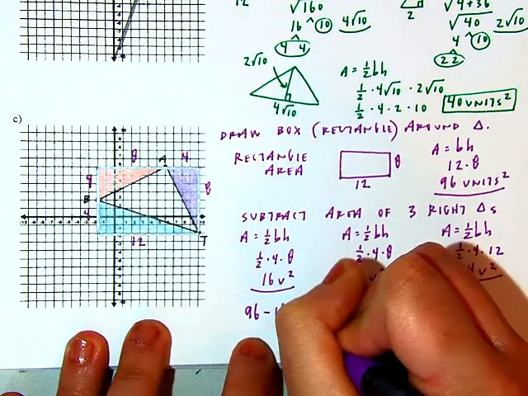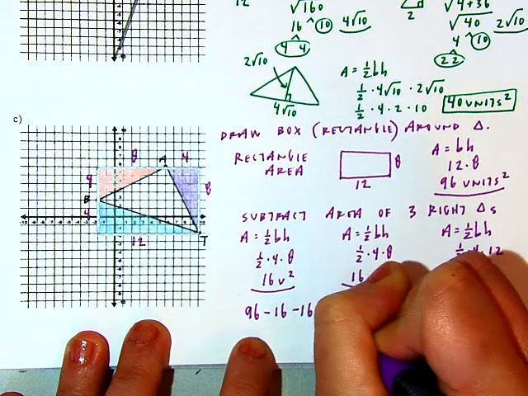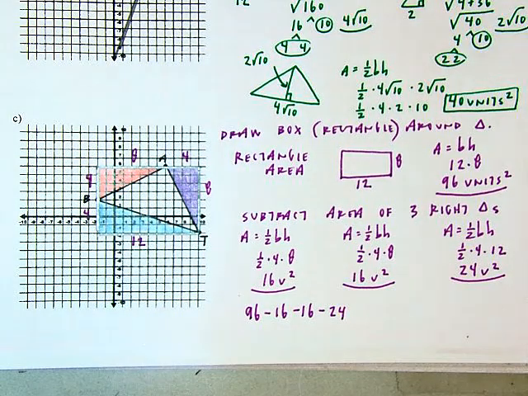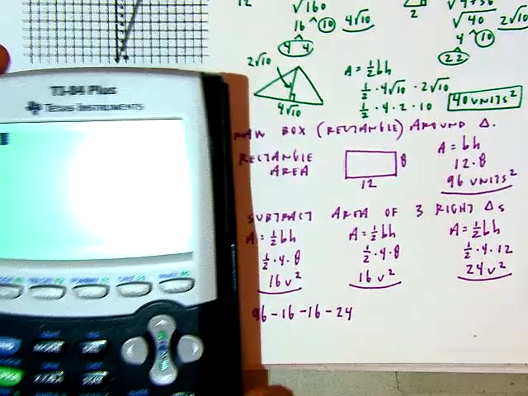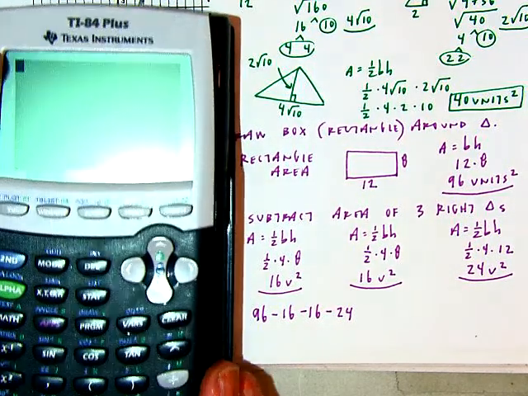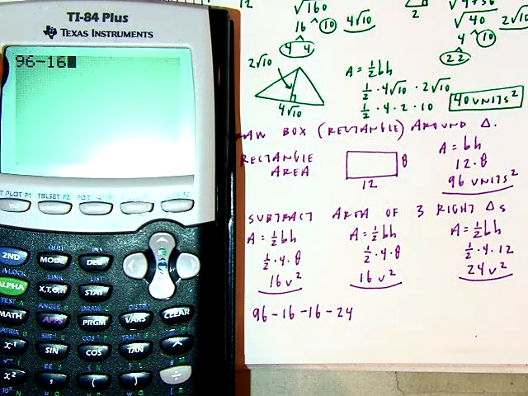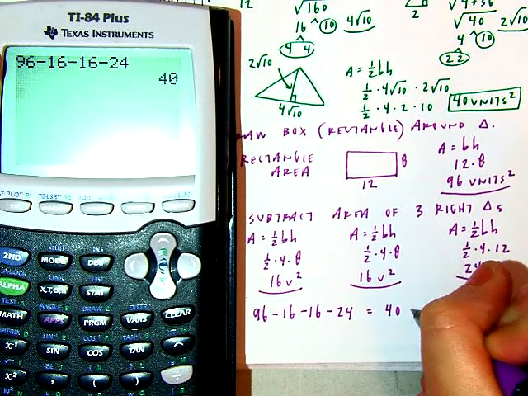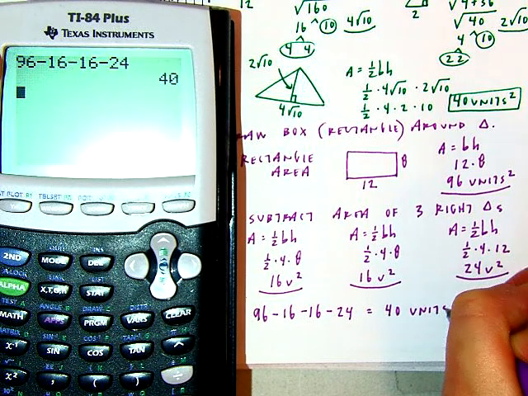So take away 16, take away the other 16, and take away a 24. So let's see what happens. What happens when I do that calculation? So I take a 96, take away 16, another 16, and a 24. And we are left with 40 square units.